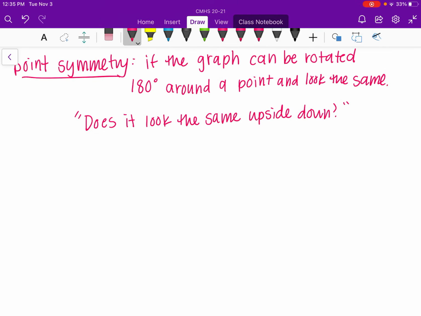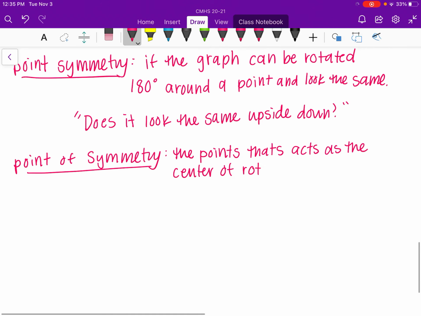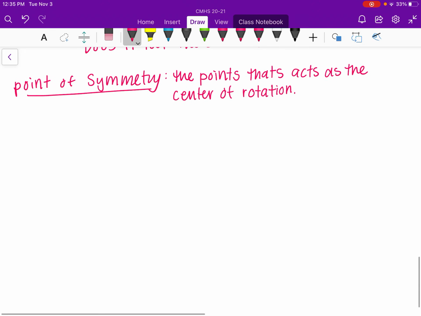And just like we have a line of symmetry, here we have a point of symmetry. And that is the point that acts as the center of rotation. So it is where you rotate that around.